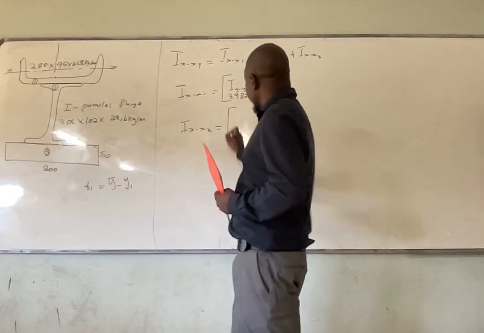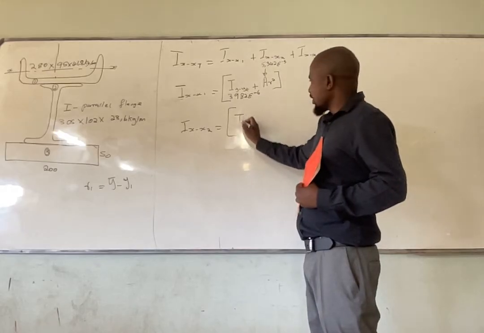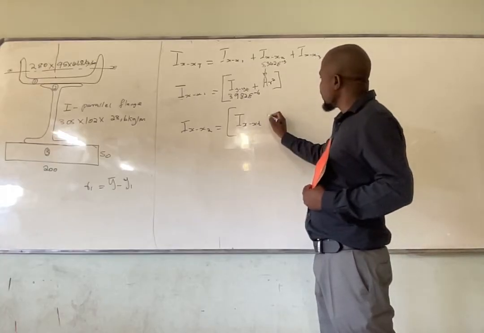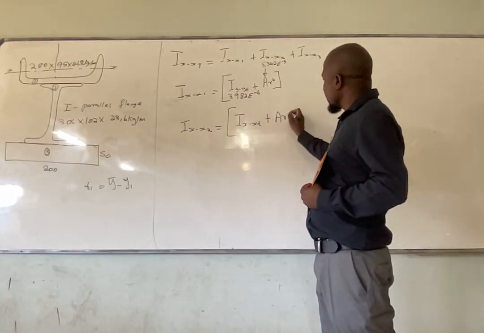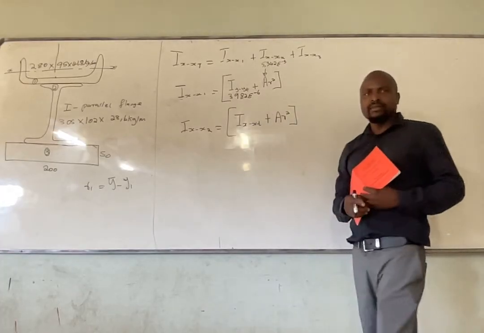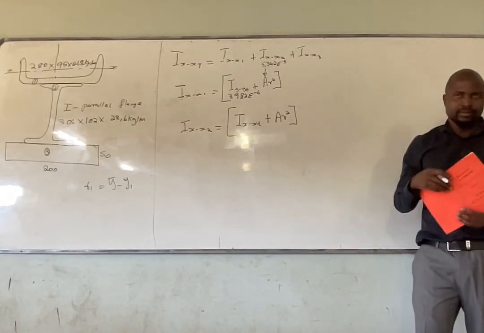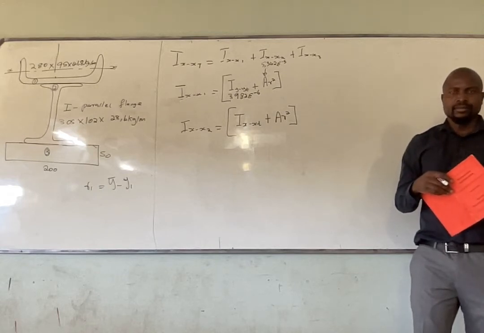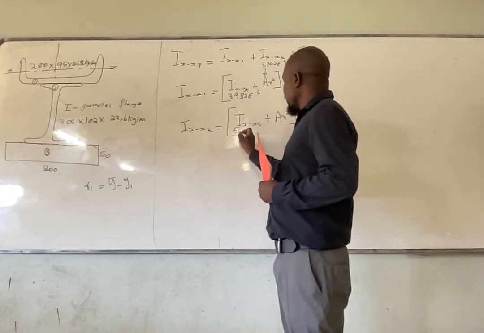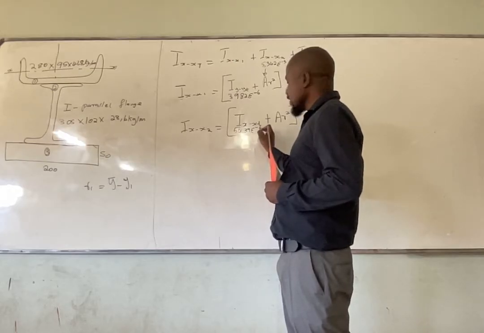Okay, now let us look at Ixx2. The formula will be Ixx from the table, ne? Then plus AR squared. So what do you get for this one in the table? 54.39 -6, ne?